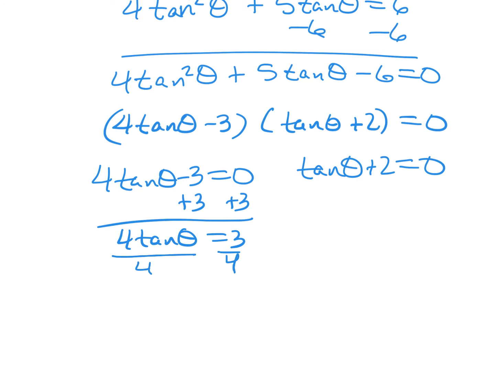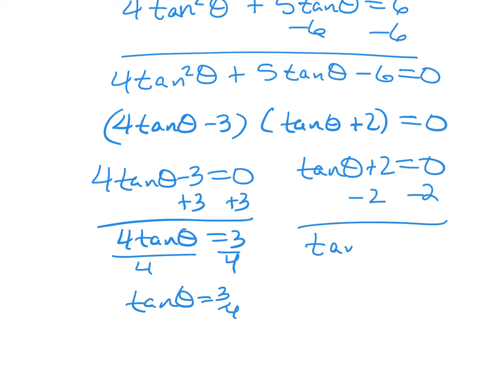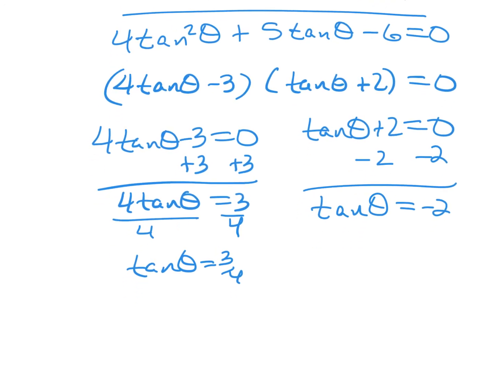Tangent theta equals 3/4. Here, subtract 2. Tangent theta equals -2. These are not any values on my unit circle. So I'm going to use my calculator. And you're going to use the inverse because we're looking for an angle.